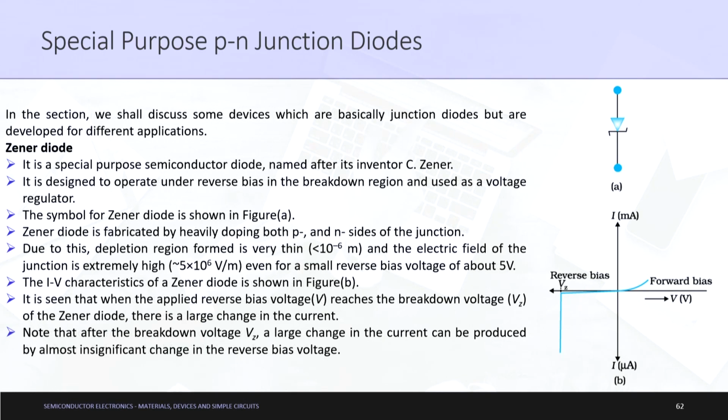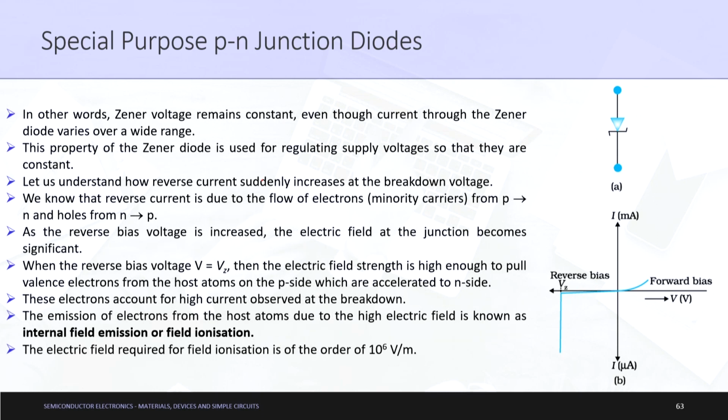Finally, we understood the working, and please remember this: it is designed to operate under reverse biasing. In other words, Zener voltage remains constant, quite evident. As you can see, there is very little change observed in the voltage.